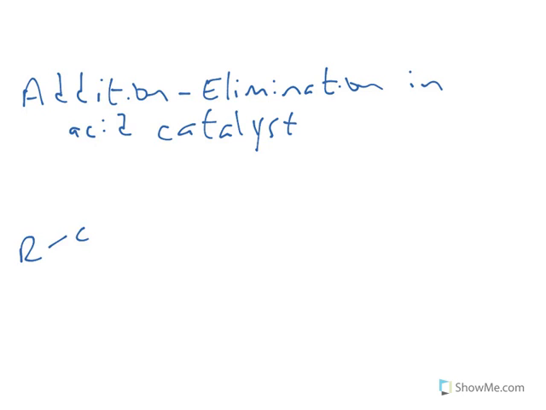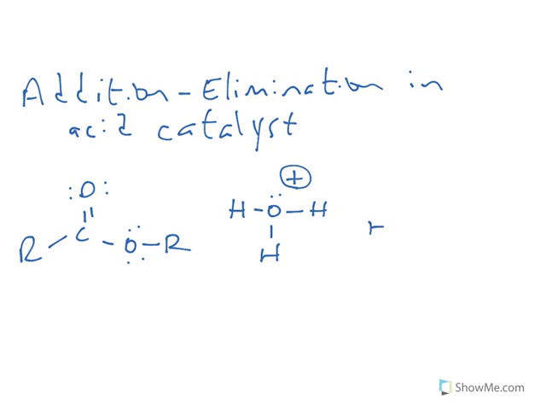So let's take an ester, and we're going to add acid. And we'll use water as our nucleophile. So in the first step, what we have to do is activate the carbonyl group, just like we did when we had acid-catalyzed addition to aldehydes or ketones. So we'll protonate the oxygen in the ester.